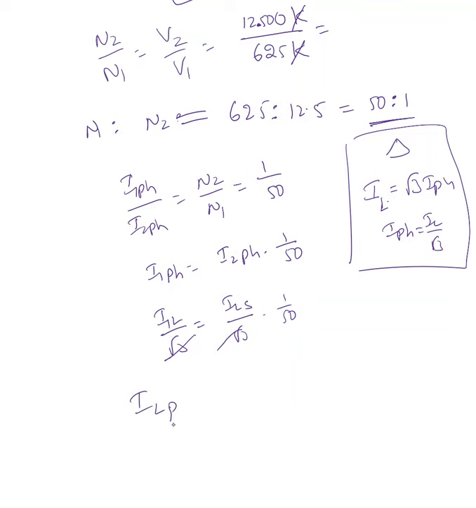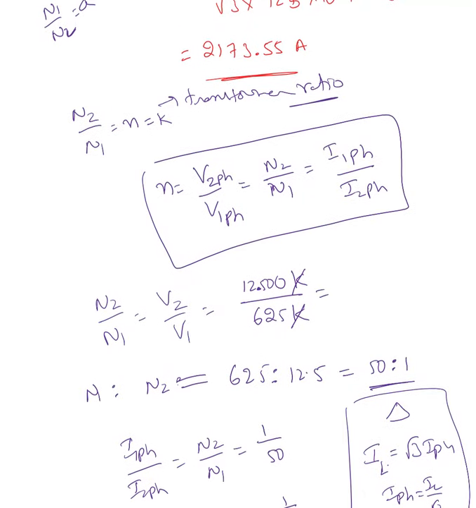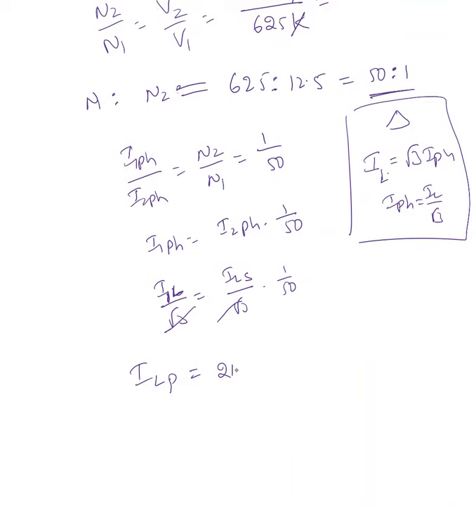Sometimes I'm using ILP for primary, sometimes I'm using 1 for primary. Do not be confused about that. Go with ILP for primary current. ILP equal to ILS, which is 2173.55, times 1 over 50.